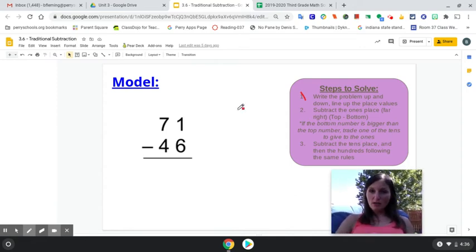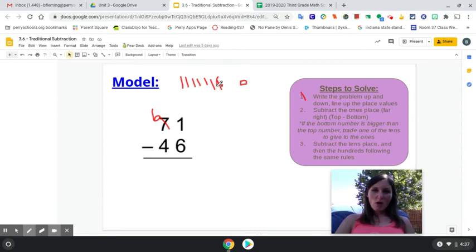So I have to go next door and trade one of these. I only have 6 of them, right? Because you're pretending that this 71 is 7 longs. 1, 2, 3, 4, 5, 6, 7. And then you had 1 cube, and you were wanting to take away 46. Well, you couldn't take away 6. You can only take away 1.